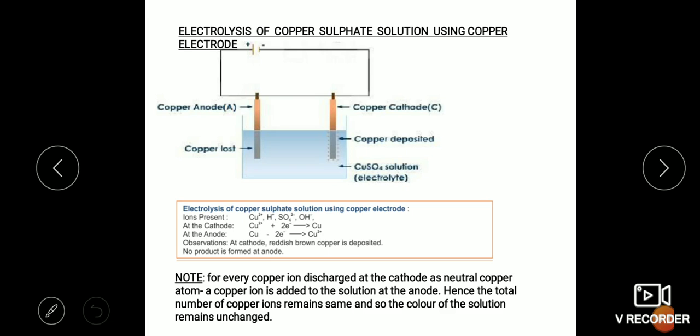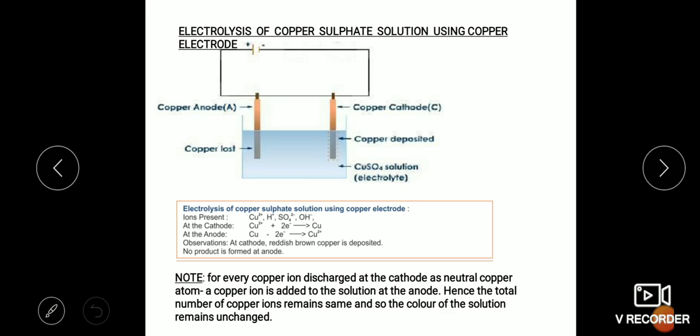The electrodes used here, both cathode and anode, please remember, cathode and anode, copper is the material used for cathode as well as anode. The electrolytic cell is a glass vessel. A direct current of 3 amperes is used in this electrolysis. In this electrolysis, you can clearly see the ions present will be copper ion, hydrogen ion, sulfate ion, and hydroxyl ion.